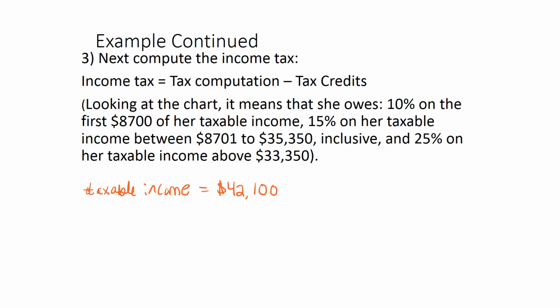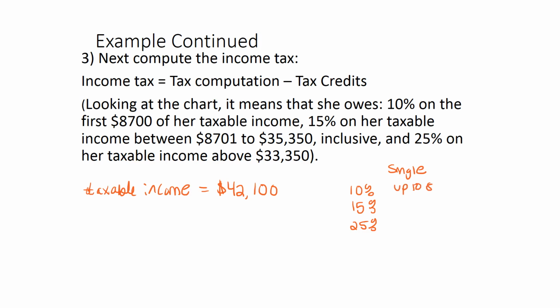Okay, and then we're going to go back and look at the chart. We first compute the income tax and then we subtract off the tax credits at the end. Okay, so if we look, she was single and $42,100. So if we look at the very first column, which was single, go back to your chart. Again, you can pause it and try to figure this out on your own if you like, and see if you get the same thing.